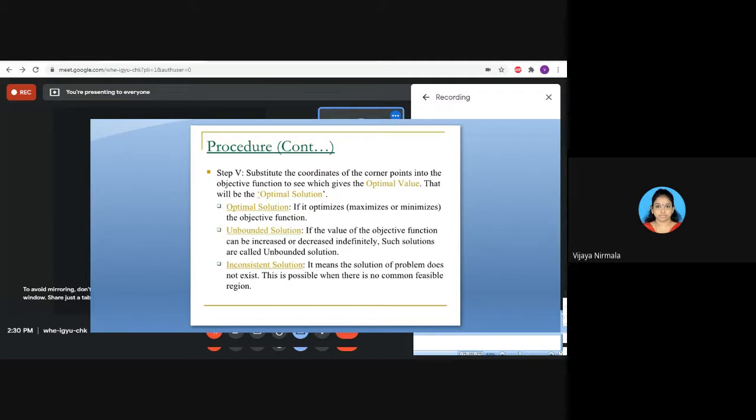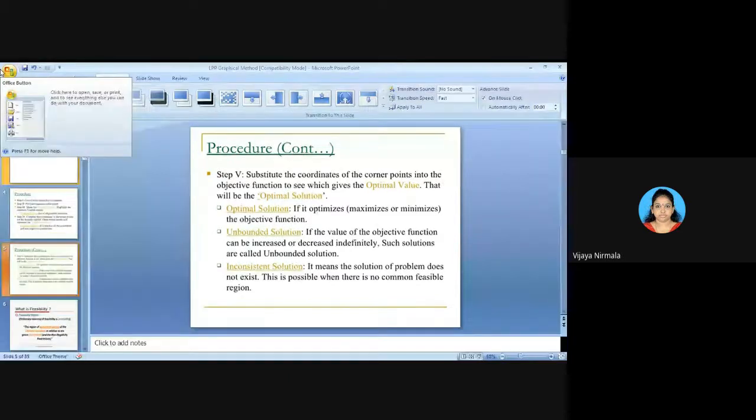Okay, and it gives an optimal value. So if you substitute the corner points into the objective function, that is maximize z or minimize z, whatever it may be, then it gives the optimal value, and that optimal value will be the optimal solution, right?